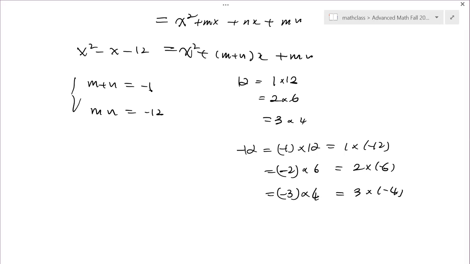Okay, m may be one of the numbers, n is the other number. Now, what pair of numbers added together gives you -1? I think this one.